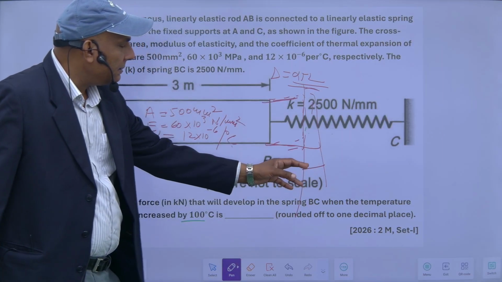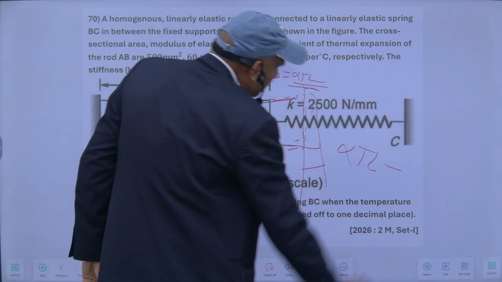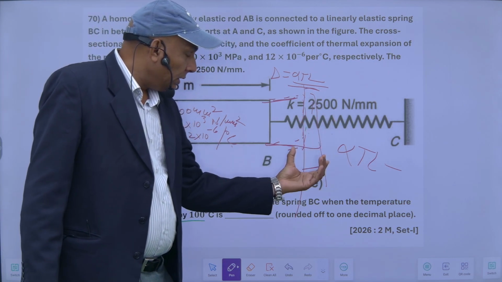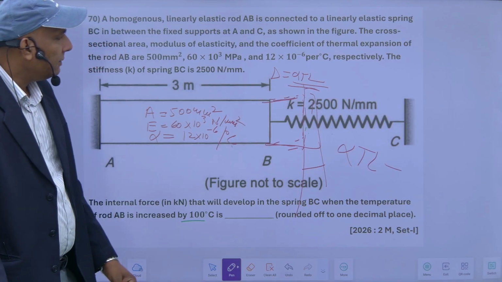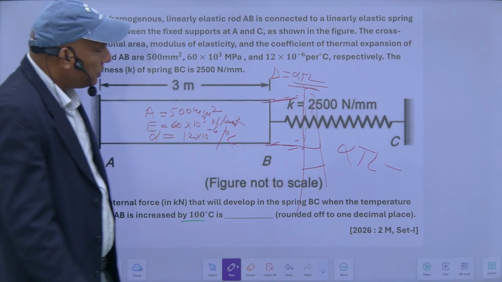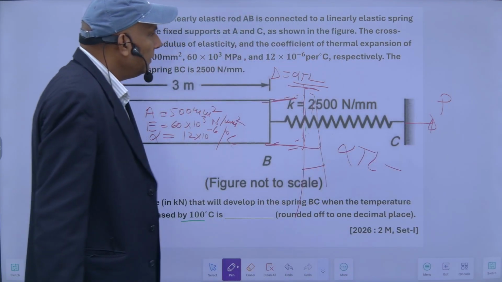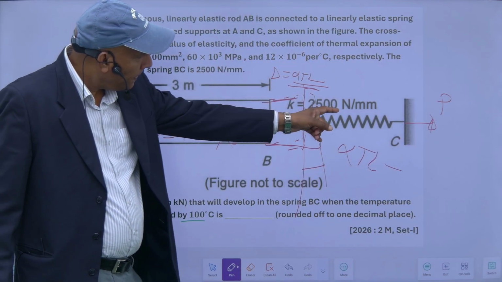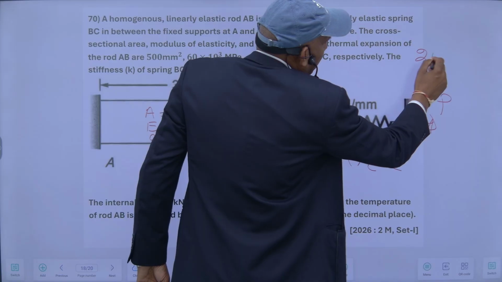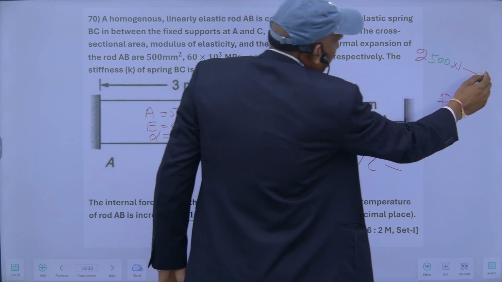So my final elongation will be alpha TL minus the yielding because of this one. And how much will be the yielding? Suppose the force developed here is P. For 2500 Newton there is a deflection of 1 mm.